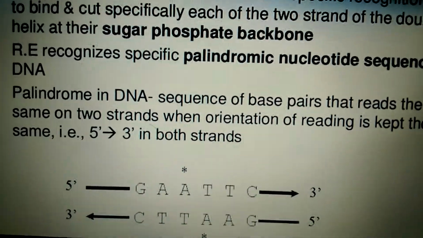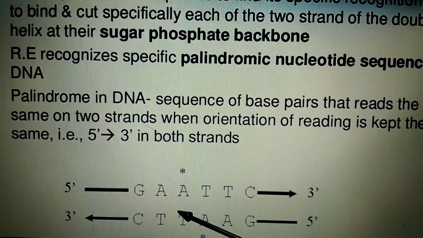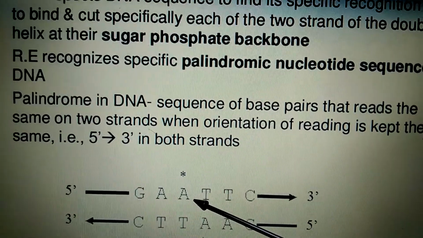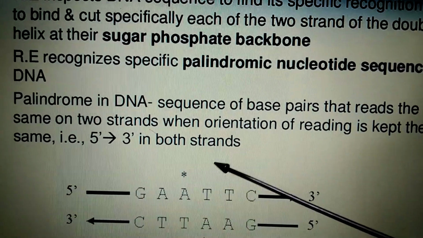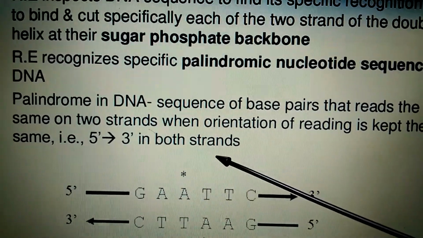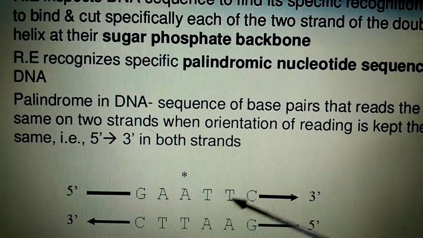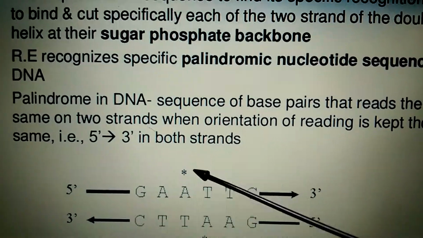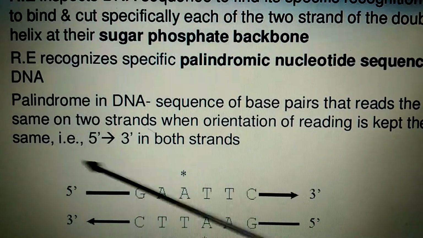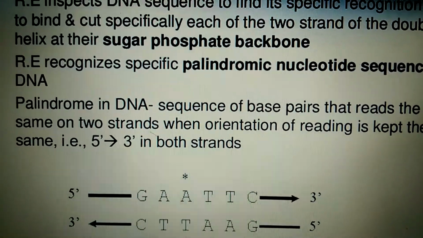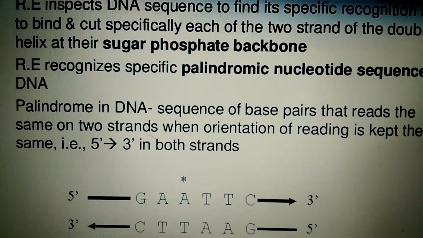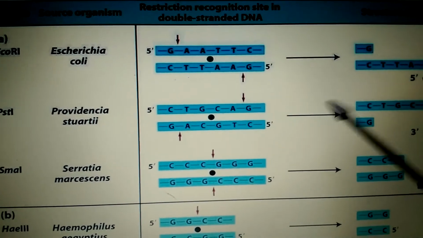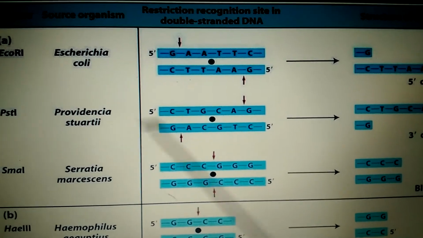So when the sequence reads the same on both strands in the same orientation, that type of sequence of base pairs is called a palindromic sequence. This is the example of EcoRI. Another example is PstI.